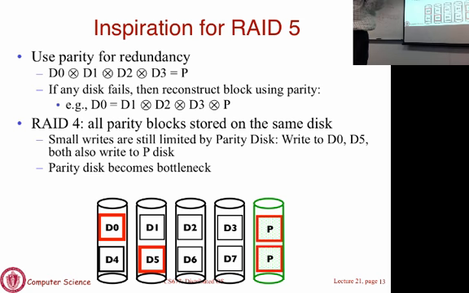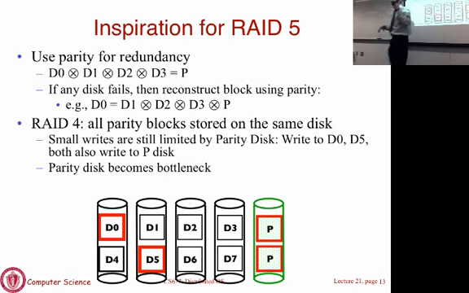The same thing is exacerbated in this scenario, because if you wanted to write 1 byte, in this degenerate case, to block D0, you have to read the old block, update just that 1 byte within that block. Now you have to read all these other blocks as well, because you have to recompute the parity, then redo the parity and write that information back.